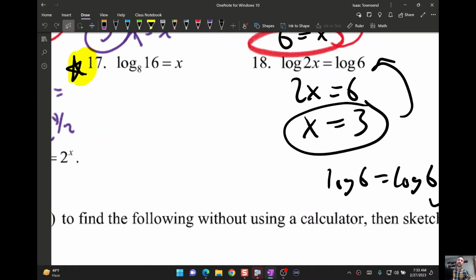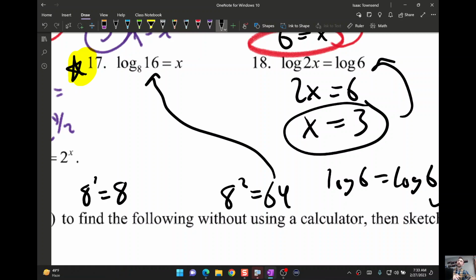First thing you need to understand is that the answer is going to be a fraction or a decimal, because the answer is bigger than 1, because 8 to the first is only 8, and I want it to be 16. 2 is too big, because 8 squared is 64, and I only want it to be 16. So with very little effort, you should know your answer's between 1 and 2.